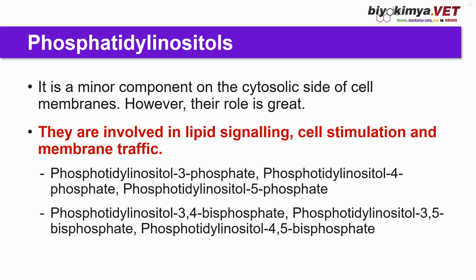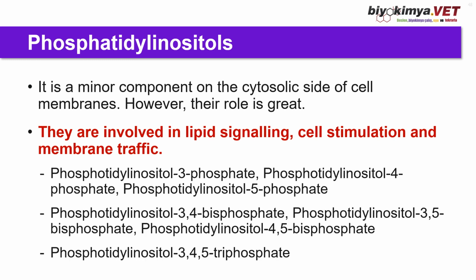And here are the phosphatidylinositols. As you see, there are monophosphated derivatives, 3-phosphate, 4-phosphate, 5-phosphate, and biphosphates: 3,4-biphosphate, 3,5-biphosphate, and 4,5-biphosphate, and also 3,4,5-triphosphate.